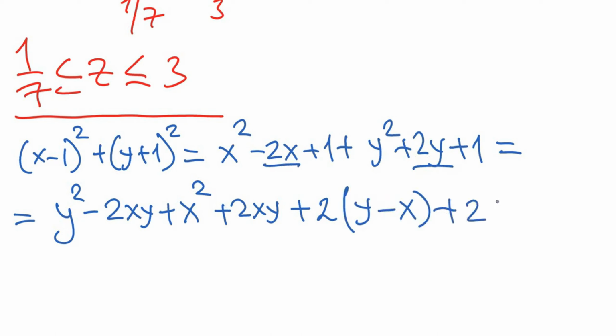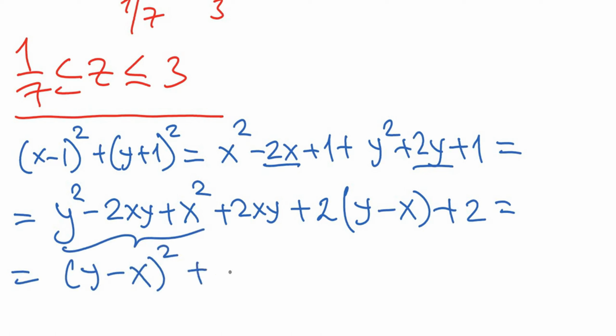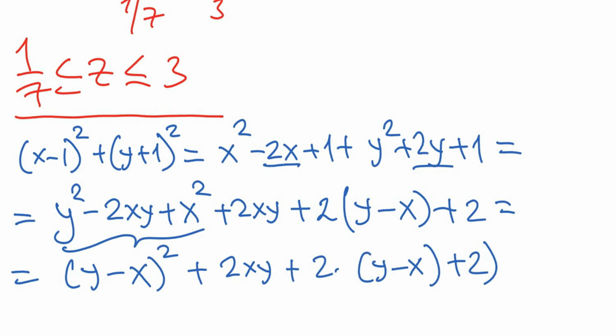And as you can see here, this is going to be equivalent to, so this one is a perfect square, (y minus x) to the power of 2, plus 2xy, plus 2 times (y minus x), plus 2.